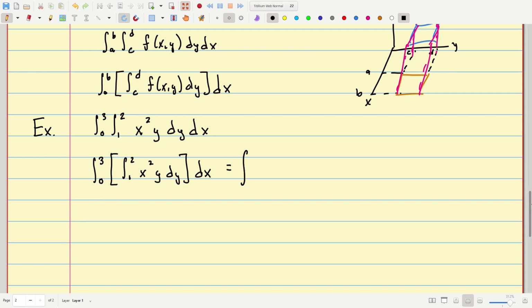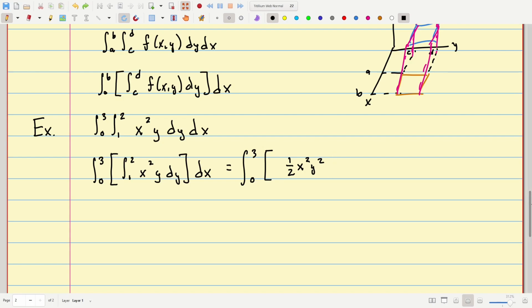So what we do is we do the interior problem first. The interior is a definite integral with respect to y. So we integrate with respect to y here. The integral of y is 1/2 y squared. The x is a constant, so it just goes along for the ride.